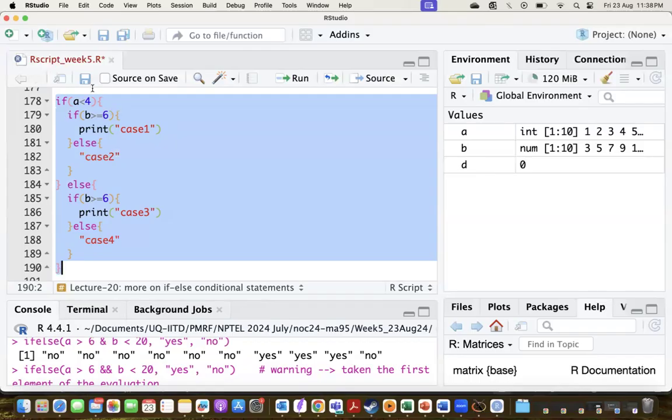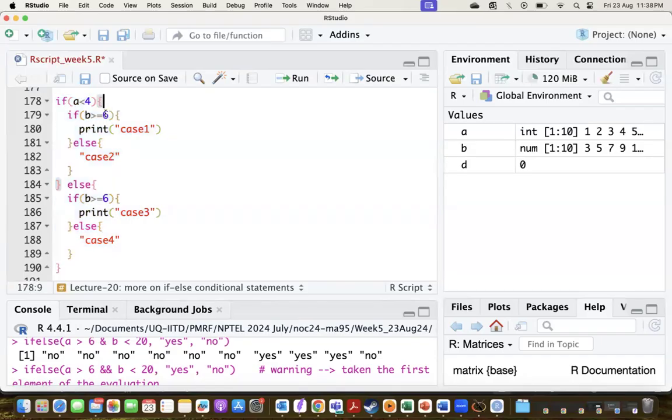So what is happening here is, we first talk about this bracket. You can see it's highlighted here. So we'll talk about this chunk first. Now we go into this chunk only if a is less than 4. Now if a is less than 4, the question arises, what is the condition with b?